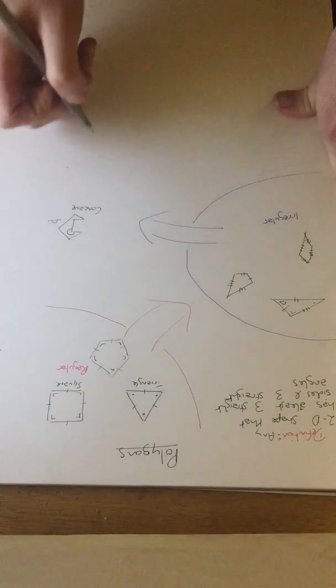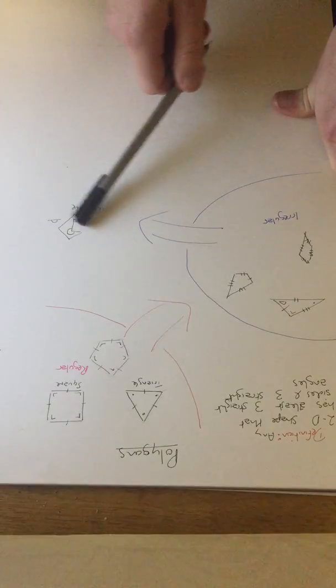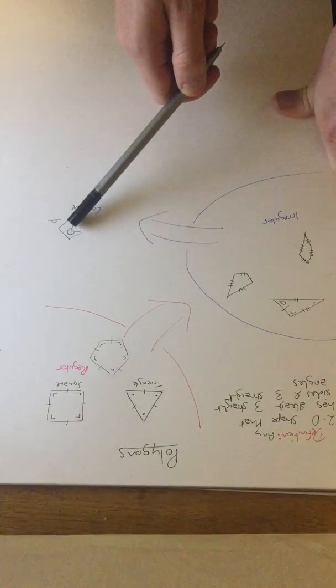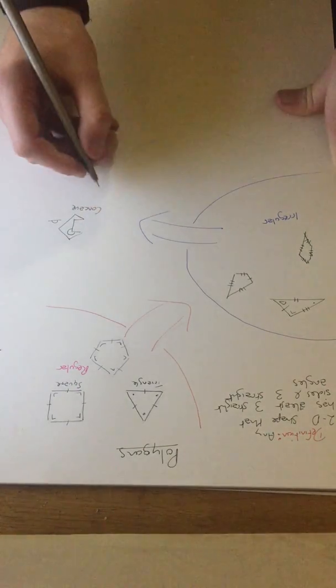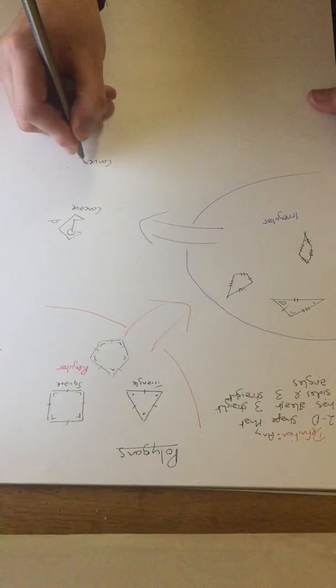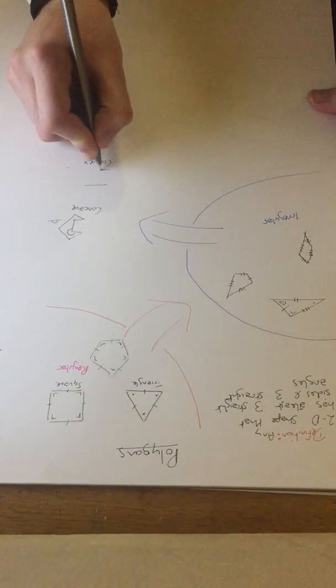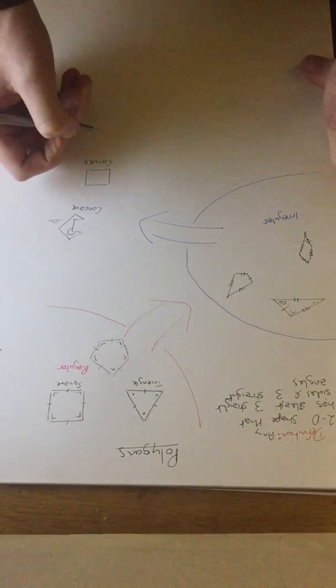This angle is greater than that. The way I remember it is concave. A cave is something that you go into. You can see here, it's like an inlet. That's how I remember that's a concave one, because the next one would get mixed up with it, and that's a convex one. A convex one is the complete opposite to a concave one. It's where all the internal angles are less than 180.